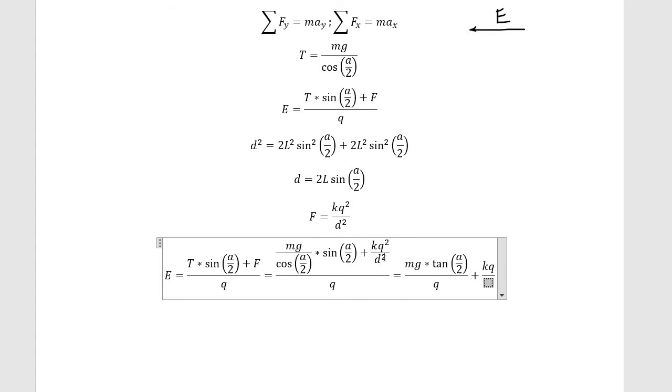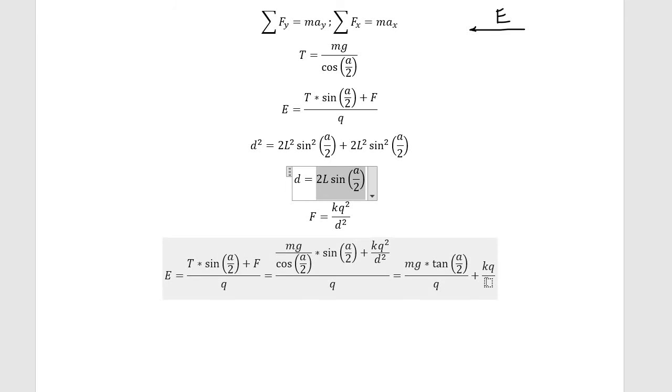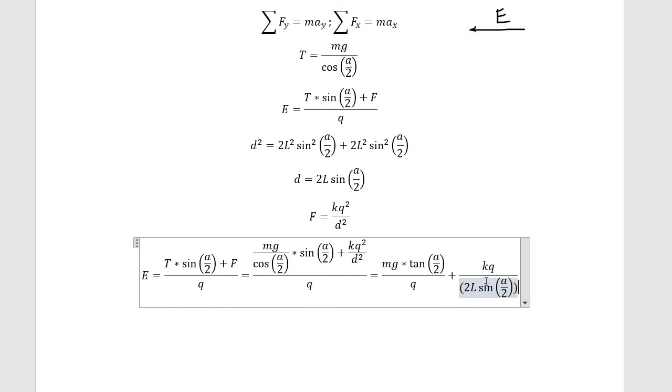So this notation goes here because d squared is this one, so this will be squared.